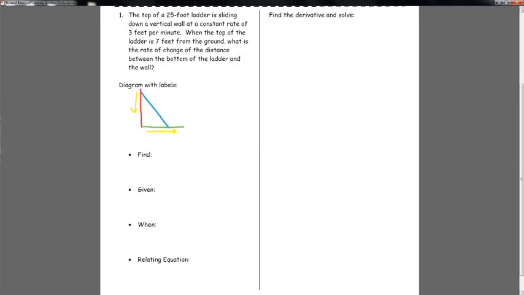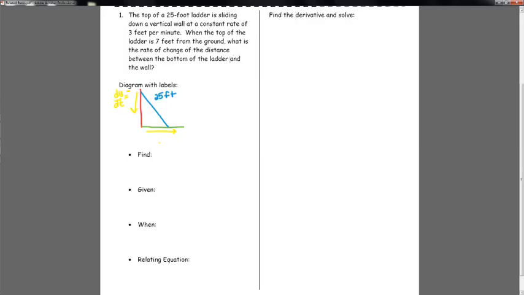And so it tells me a little bit of information. So let's see here. The length of the ladder is 25 feet. And it's sliding down a vertical wall at a rate of 3 feet per minute. So I'm sliding down, so it's a rate of change. So I have some sort of dt. Since this is dealing with a vertical axis, that would be dy dt, and it's sliding down, so it's negative.